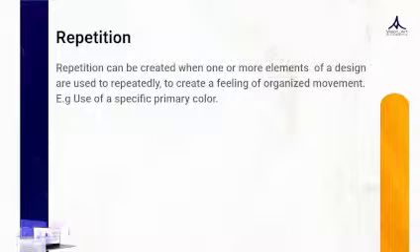Like I said earlier, using a specific primary color is telling the user that this is a primary color, and whenever you are seeing this kind of primary color, you are clicking on a primary action. So whenever they see that, they will know I need to click on this one. This is what I need to do. So that's about repetition. Repeating a particular design element.